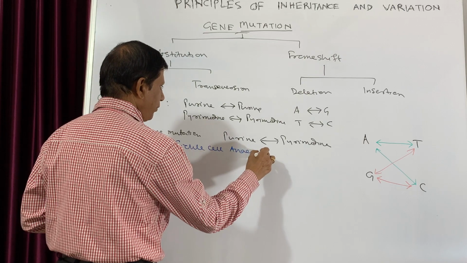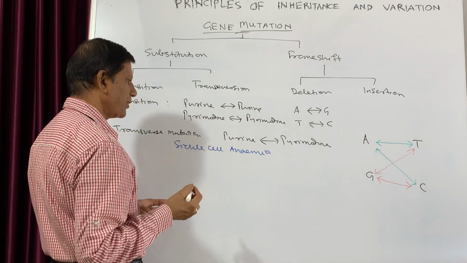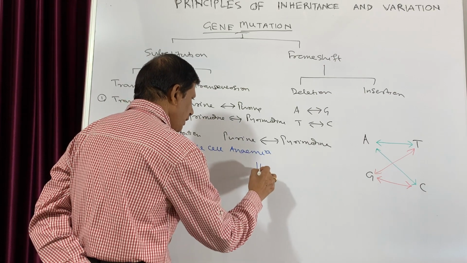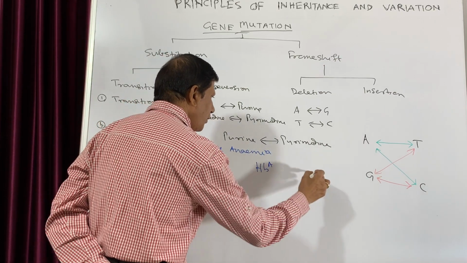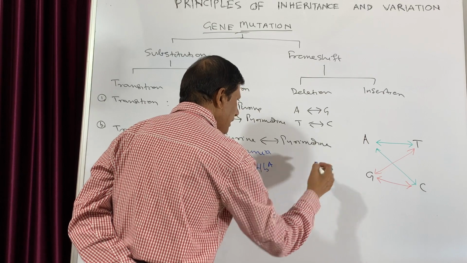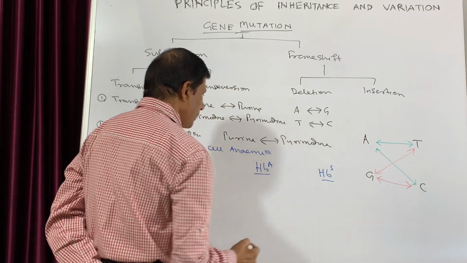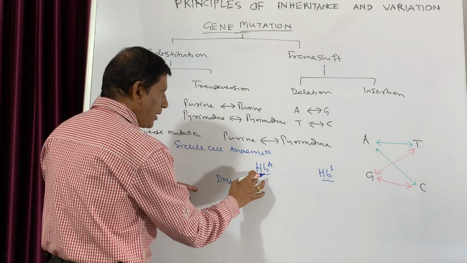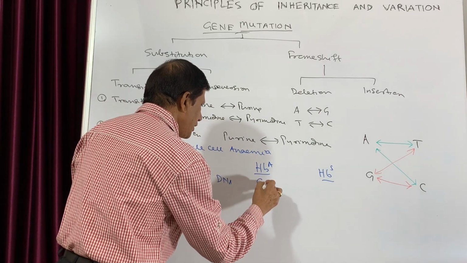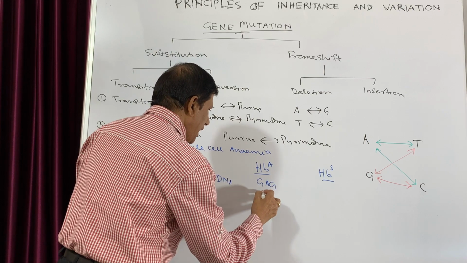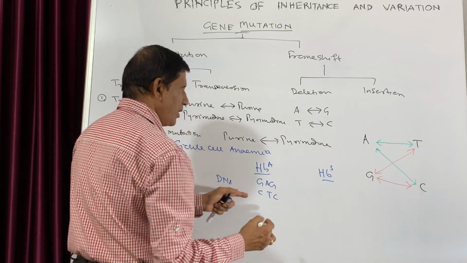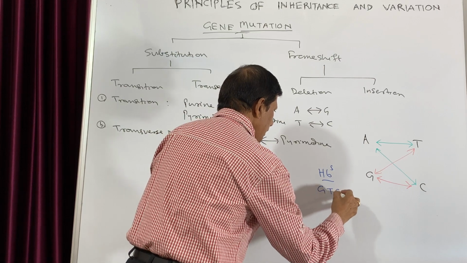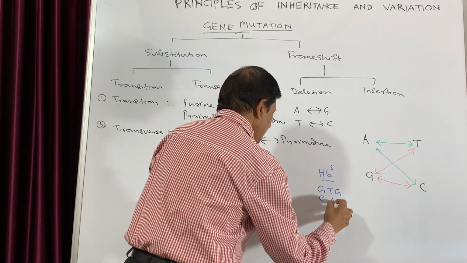Sickle cell anemia is a good example of this transversion mutation, because in case of sickle cell anemia, what happens? This is the normal hemoglobin and this is the sickle cell hemoglobin. Now usually the DNA in case of normal hemoglobin is GAG and CTC, and in this case it is GTG and CAC.